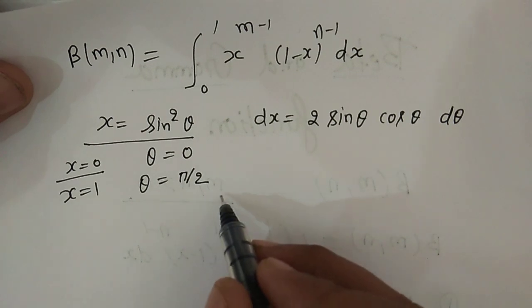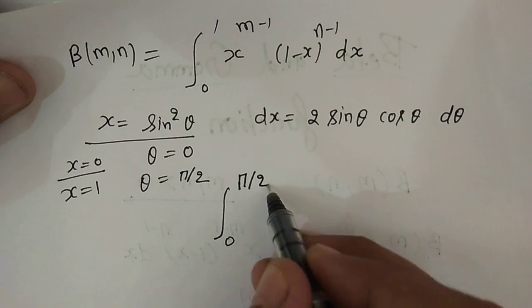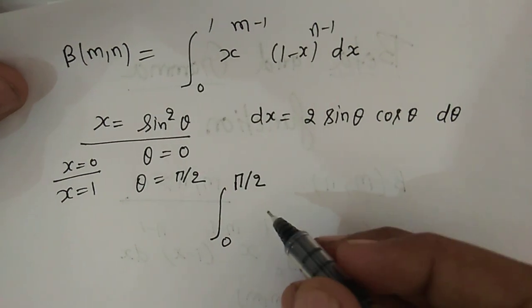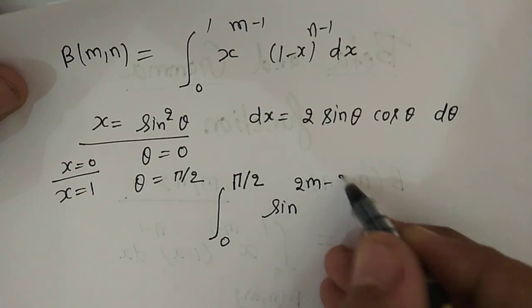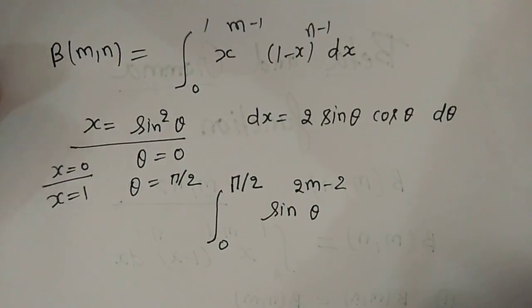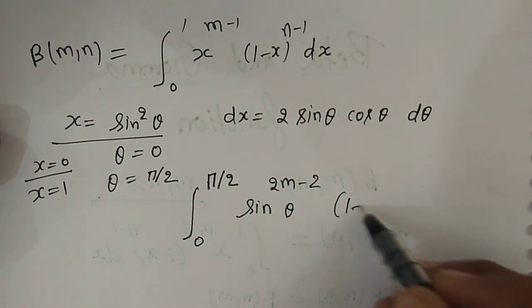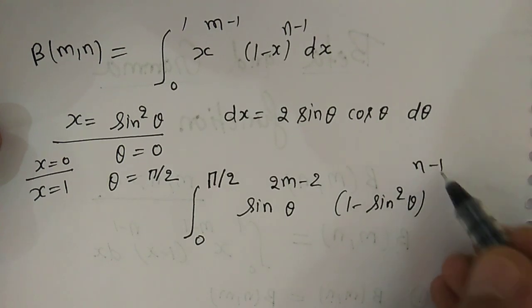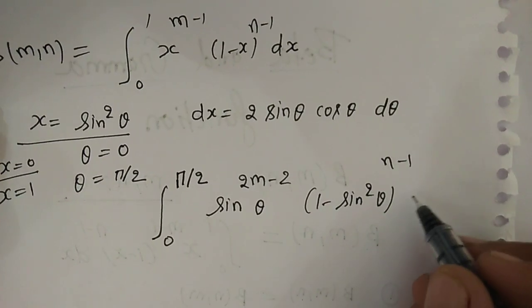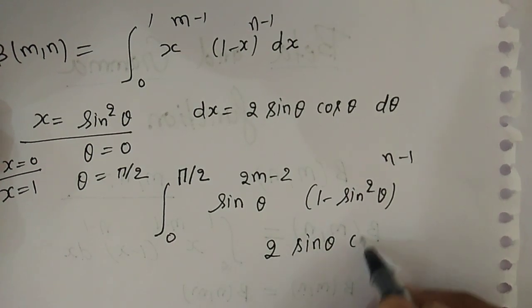So let me write here. We have 0 to pi by 2, and x^(m-1) means sin^(2m-2) theta, and 1 minus x means 1 minus sin squared theta.